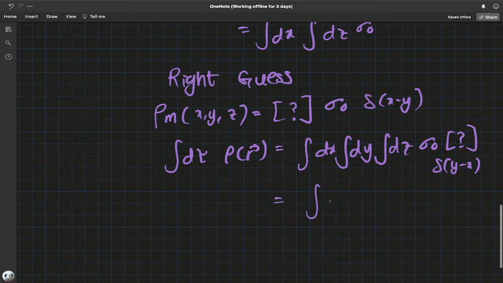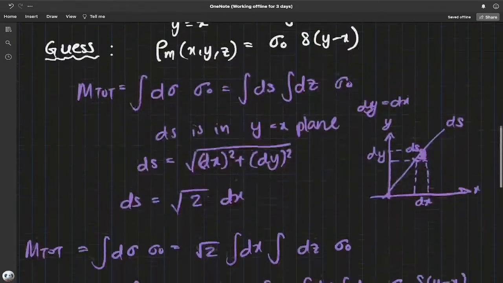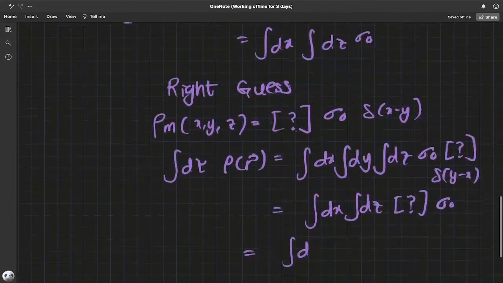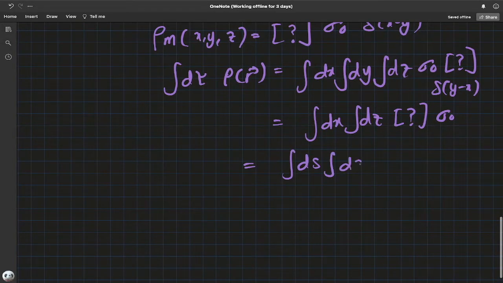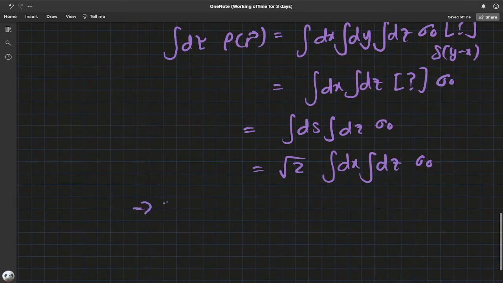You integrate it like before, dx dz question mark sigma naught. After you integrate the area part, you get ds dz sigma naught just like before, which we knew was square root 2 dx dz sigma naught, which means our question mark was nothing but square root of 2.